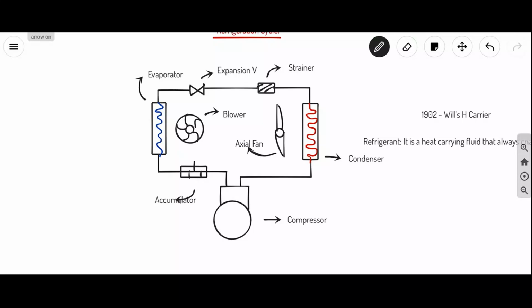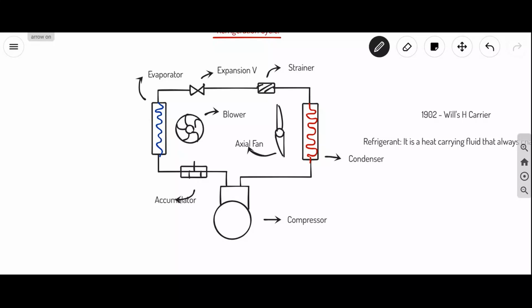The primary components are compressor, condenser, expansion valve, evaporator. Secondary components are strainer, blower, axial fan, and accumulator.